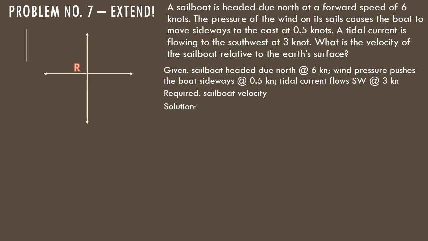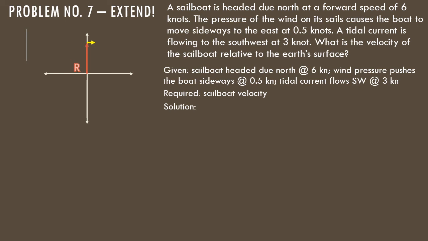So yung sailboat daw ay headed due north at a forward speed of 6 knots. So the pressure of the wind on its sails causes the boat to move sideways to the east at 0.5 knots. So yung pressure of the wind daw naging cause para mag-move yung boat sideways sa east na 0.5 knots.